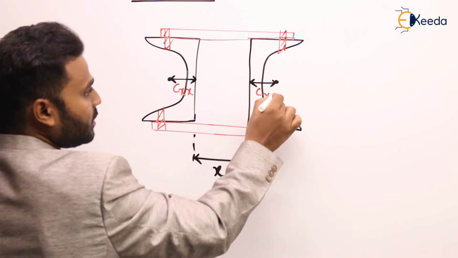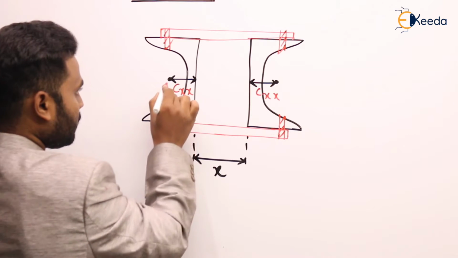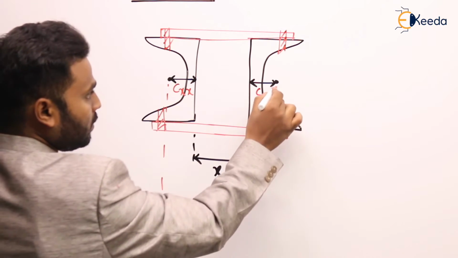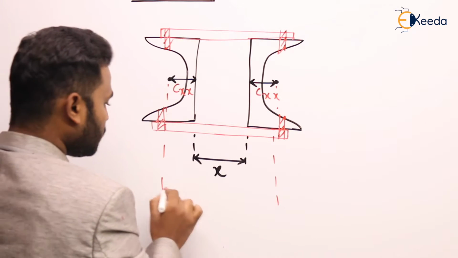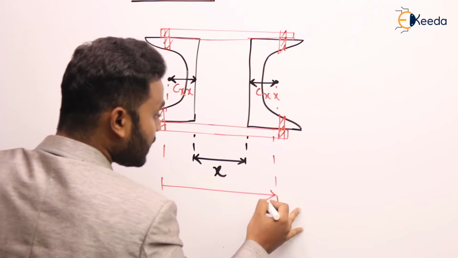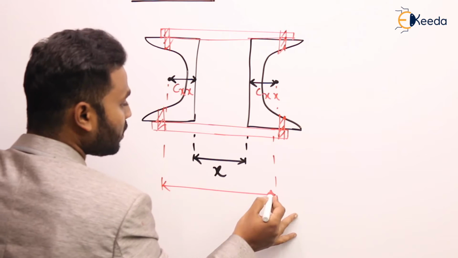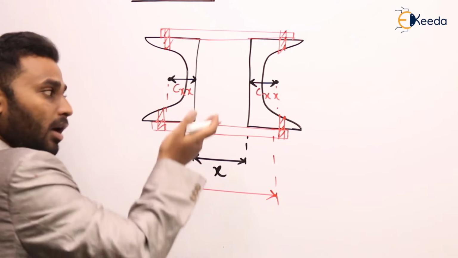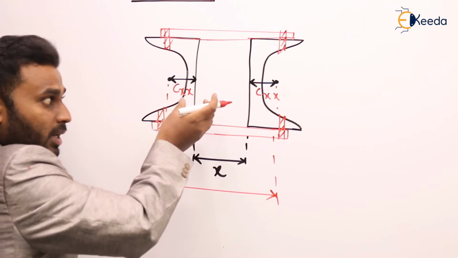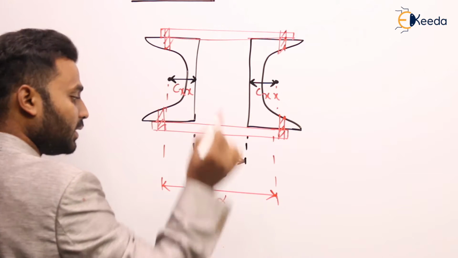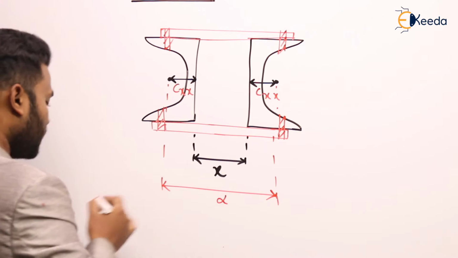Now the distance between the two centroids of the connected components of the built-up column is represented with alpha. So what is alpha?